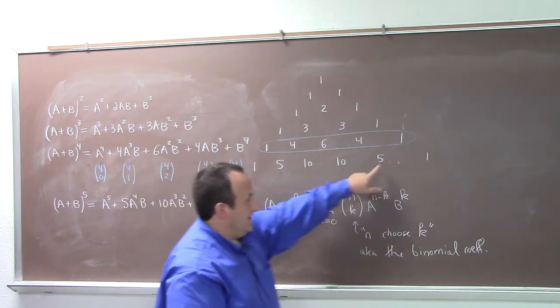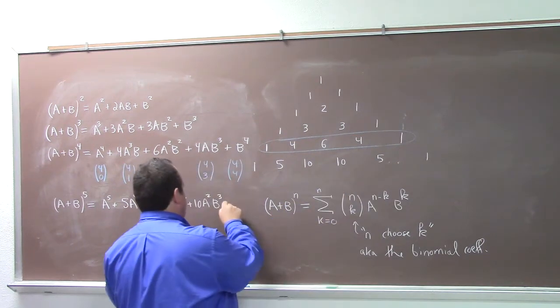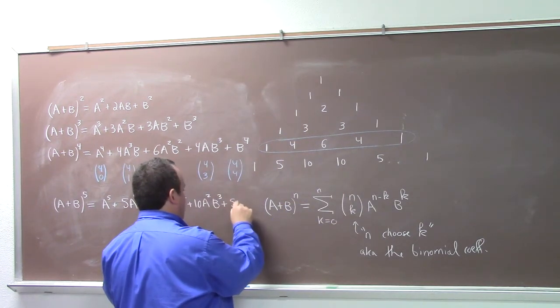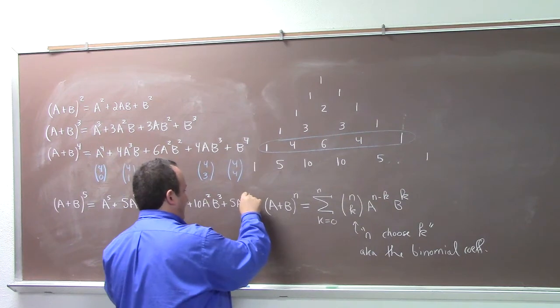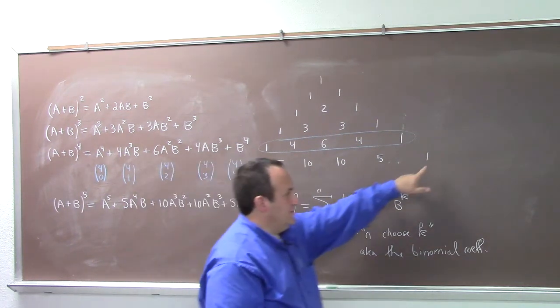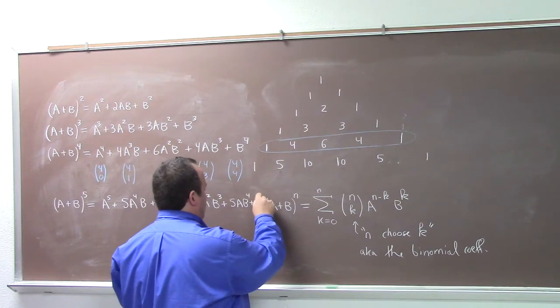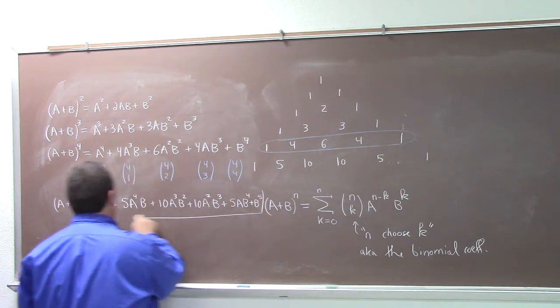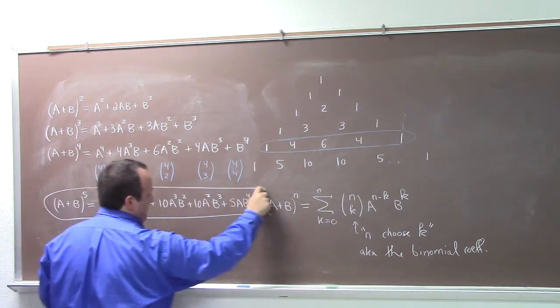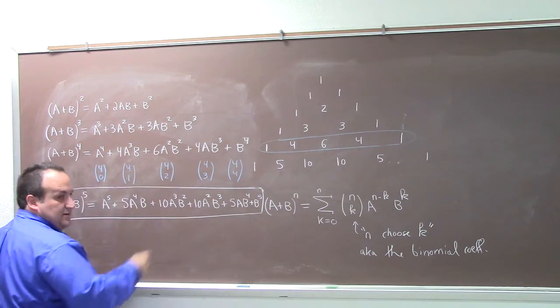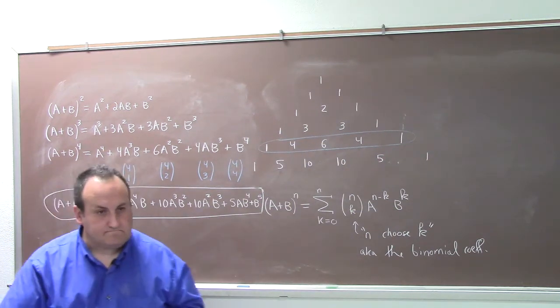And then I got a 5, right? So the bookends to these are always kind of symmetrical, right? And then what's the last thing? Last term is b to the fifth. So there's how you can remember a plus b to the fifth power using Pascal's triangle. You just follow the pattern.